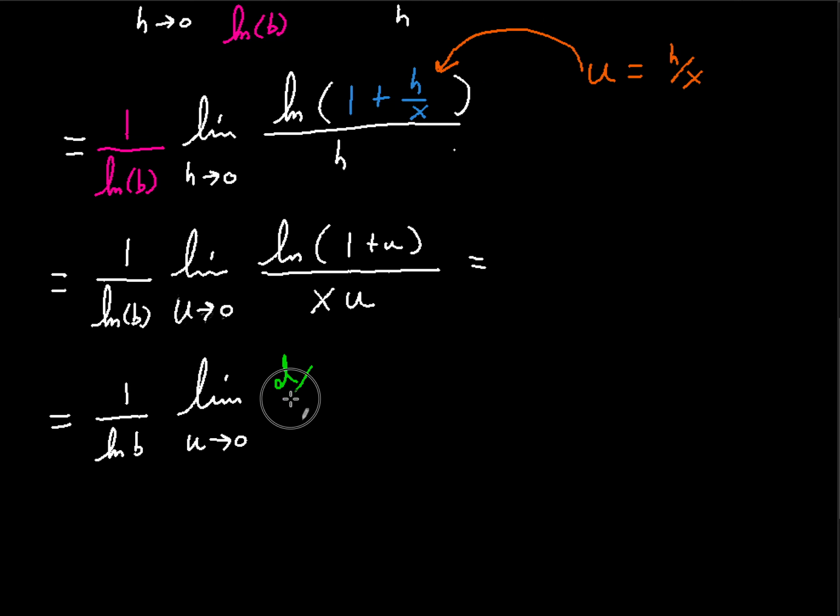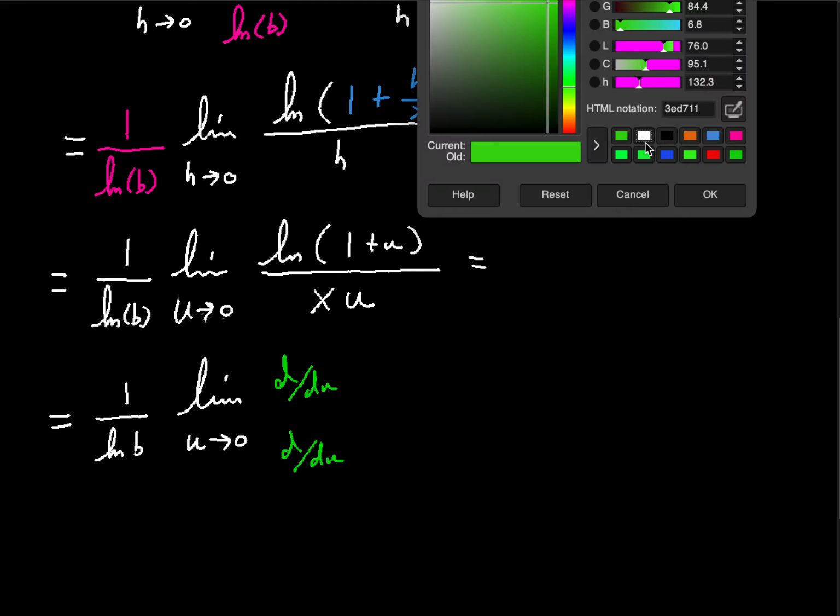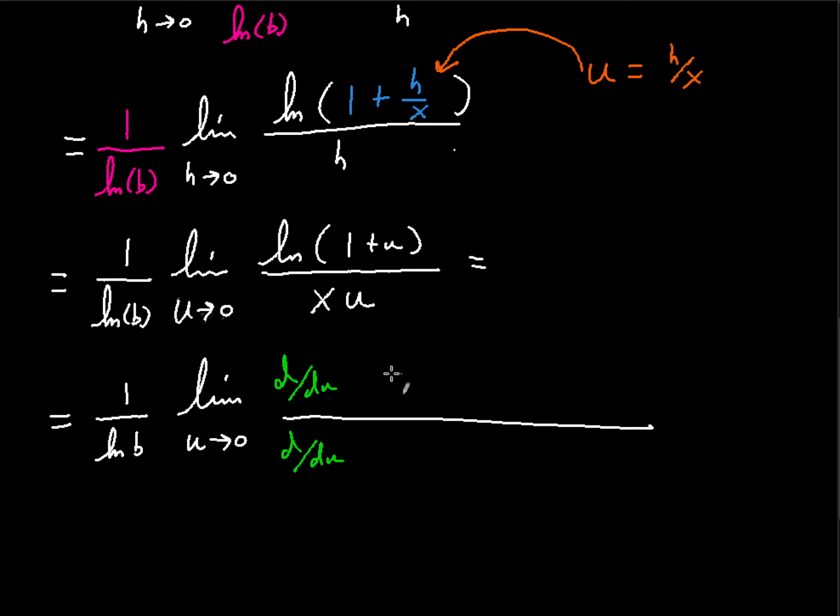So d over du of natural log 1 plus u, and d over du of x u. Now what's going to happen? If you take the derivative of the natural log of 1 plus u, you're going to get 1 over 1 plus u. Here you'll just get x. So what happens?